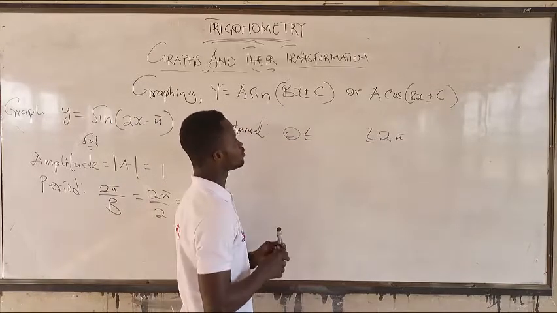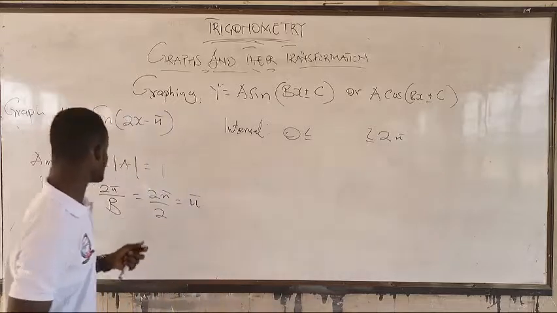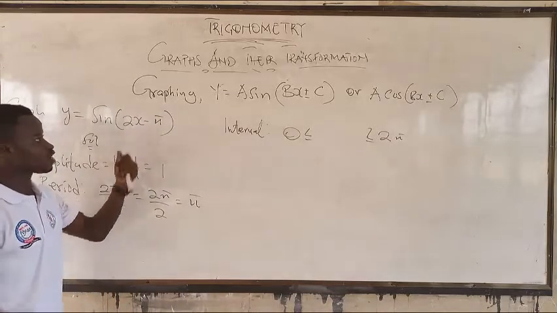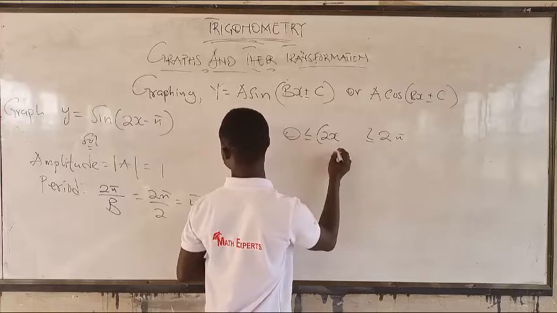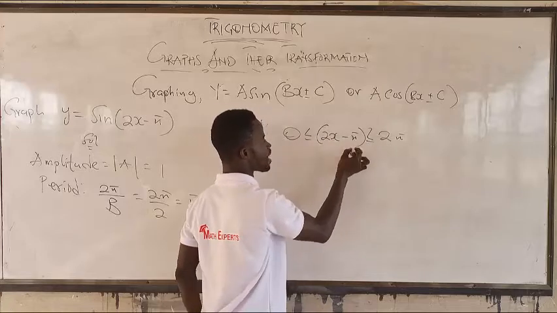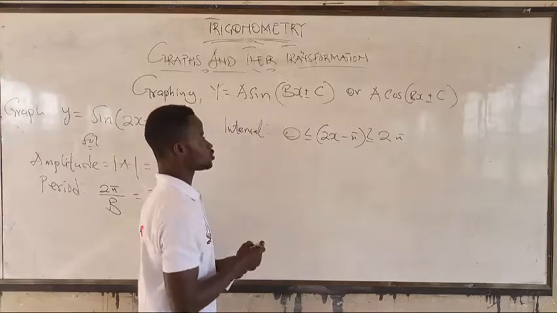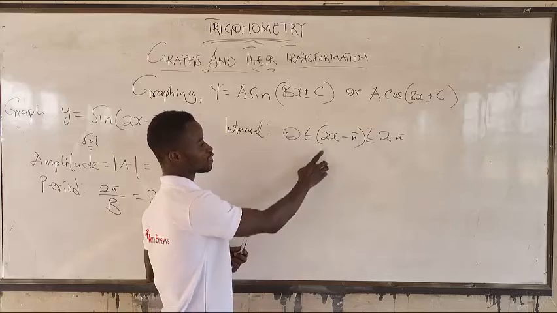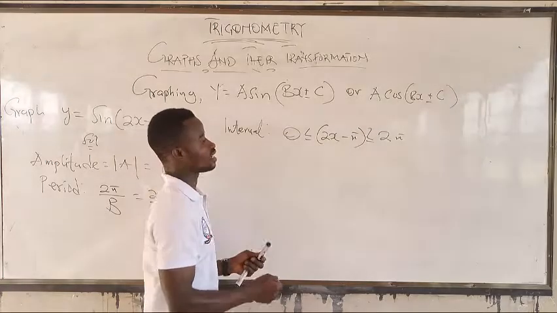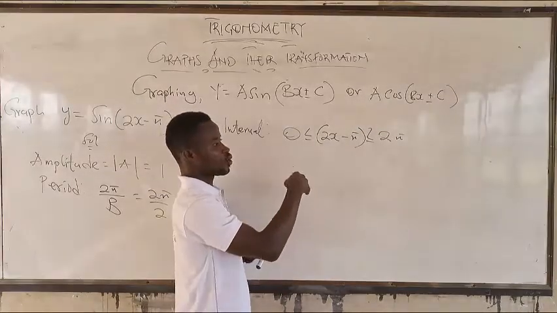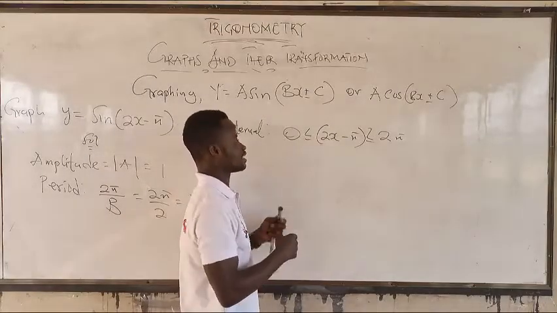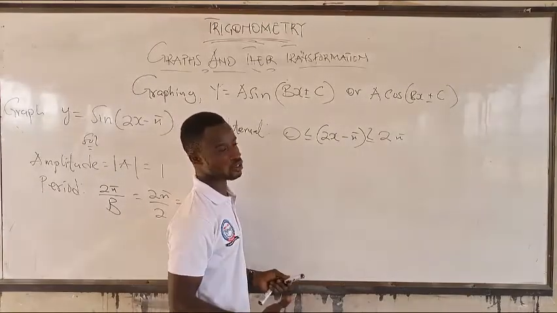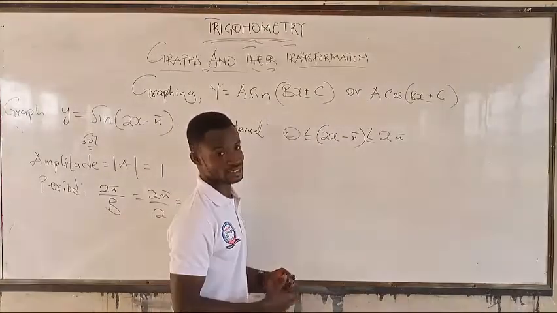Very good. So what's supposed to be here? That is going to be the inside of this, which is 2x minus pi. I hope you can see that. So we are going to manipulate in such a way that we get only x inside here. So let's first move pi. When you move it to the right hand side, move it also to the left hand side. This is an inequality. What you do for this side, you do the same thing for the other side, right?